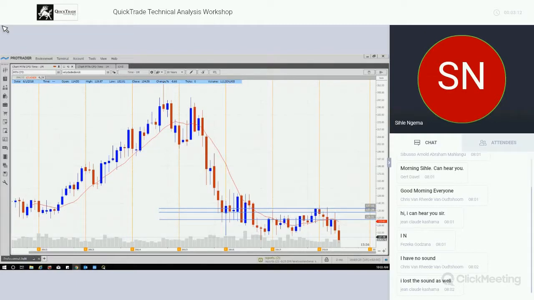The high yesterday was 1383, and currently the rand is at about 1371 according to yesterday's closing prices on our trading platform. It could be a little bit better or worse than what I'm seeing here in front of me. So those are the things that you need to look at.